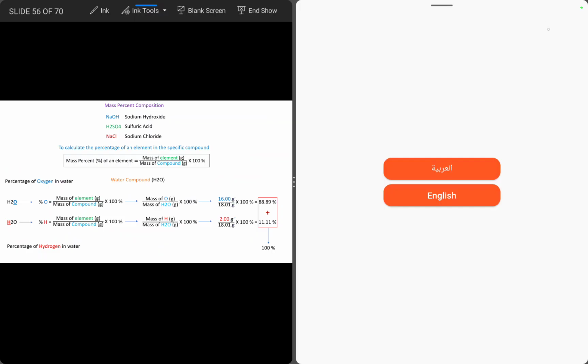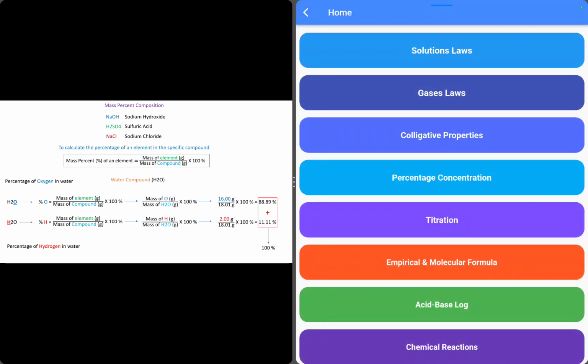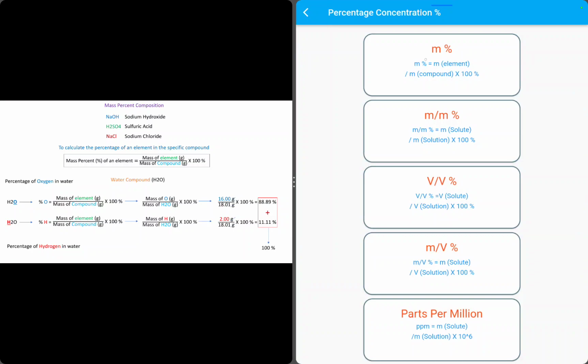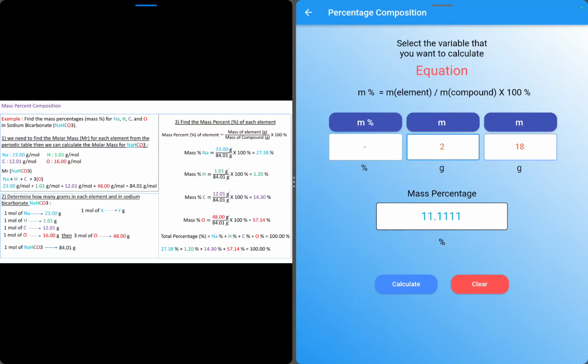Now we'll use a program to solve this example, the ChemCalculator app. So now we open the program, select English, start, then we have the percentage composition category, and here we have the first button, which is for mass percent composition. So for percent composition, we click on M percentage, and for oxygen we write 16, and for water 18, which gives us 88.89%. The same for hydrogen, we have 2, which gives us 11.11%. Also for this example you can see the 4 elements.